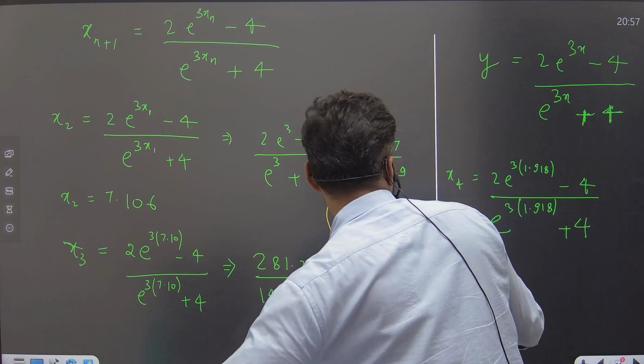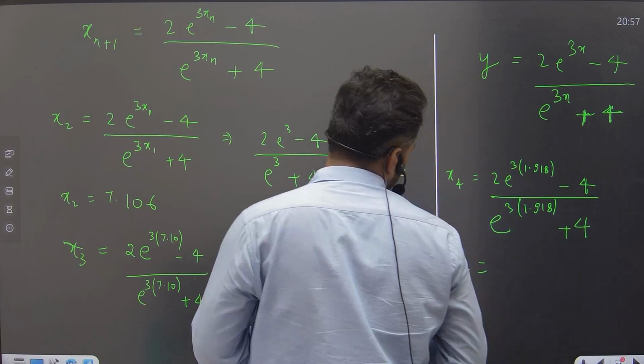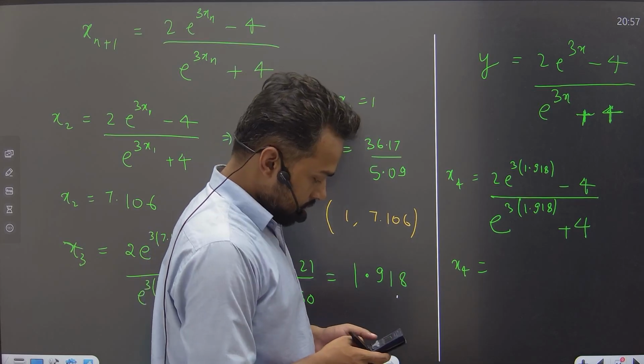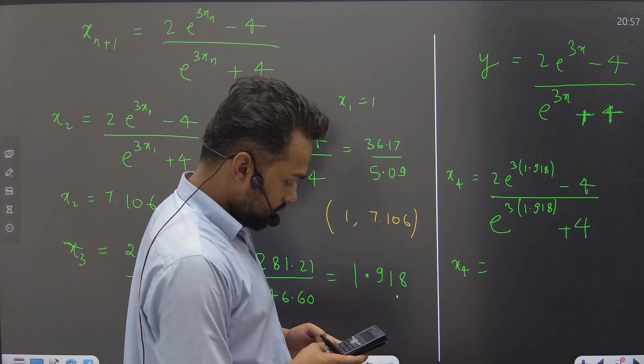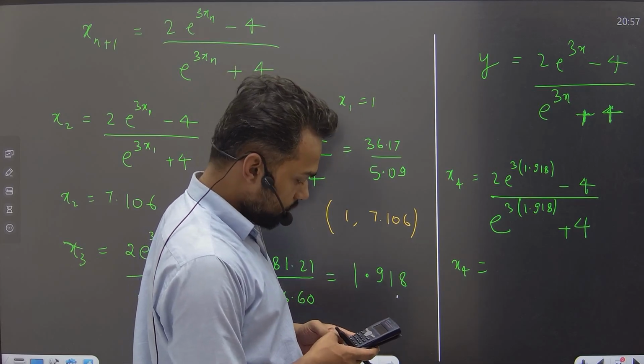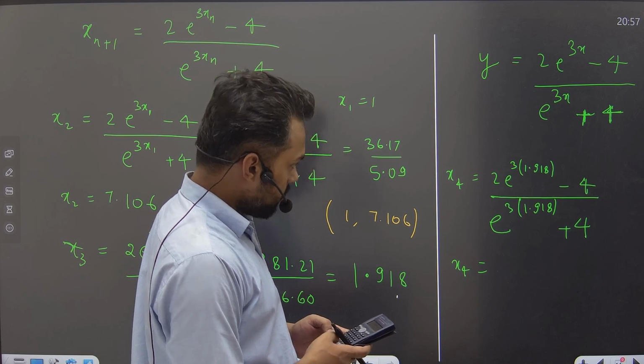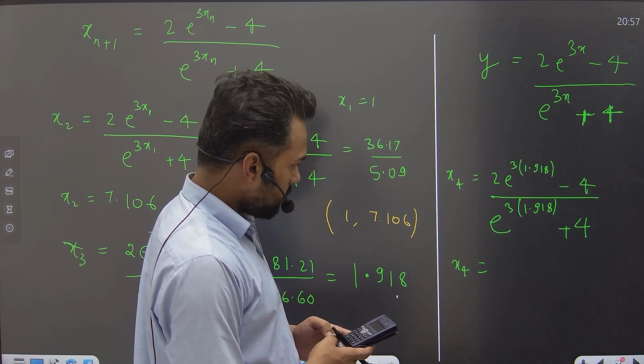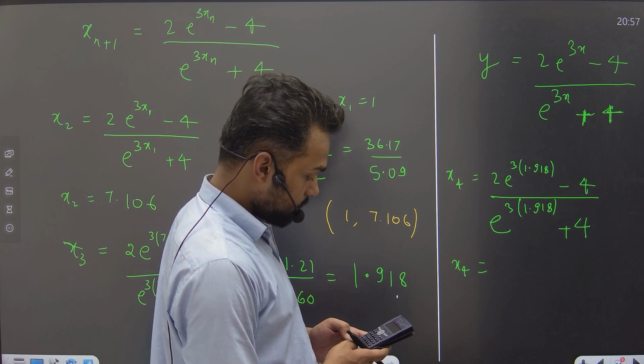Let's solve this for x4. So what will we get here? e^(3 times 1.918) times 2 minus 4.